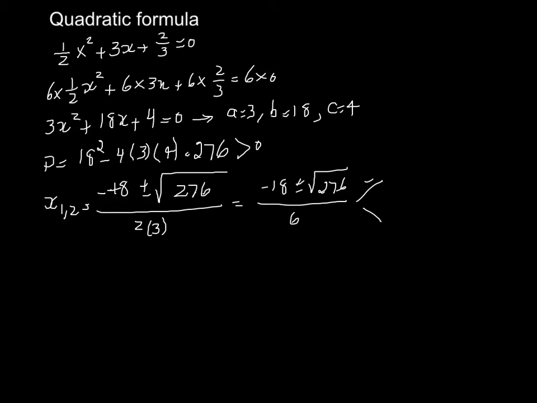This gives us two solutions with positive and negative. Now if we go with the positive one and simplify, we get about 0.23. If we go with negative and simplify, we get negative 5.77.